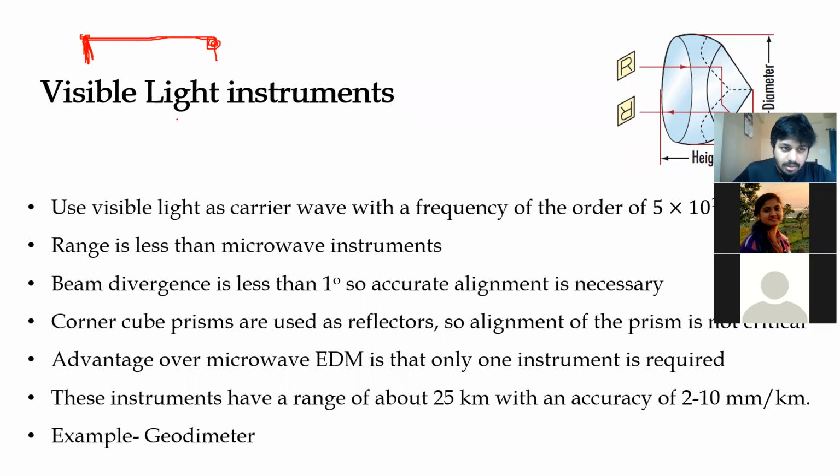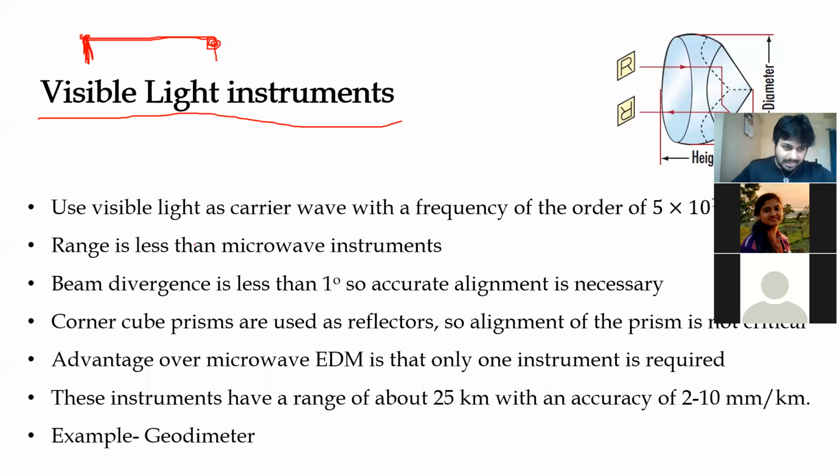The disadvantage of the microwave instrument was that it requires two instruments. Although one is called a passive instrument, it is also a costlier instrument. So we needed two instruments to measure a distance between 2 points. That's why these visible light instruments came into the picture.